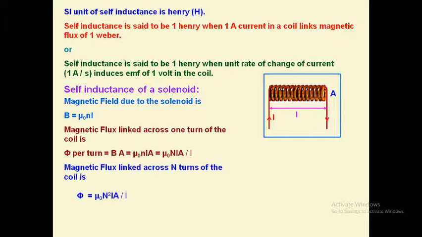Then if we see the magnetic flux linked across N turns of the coil, then you have to multiply it by N, so it will become N square. But you know phi equals L i.